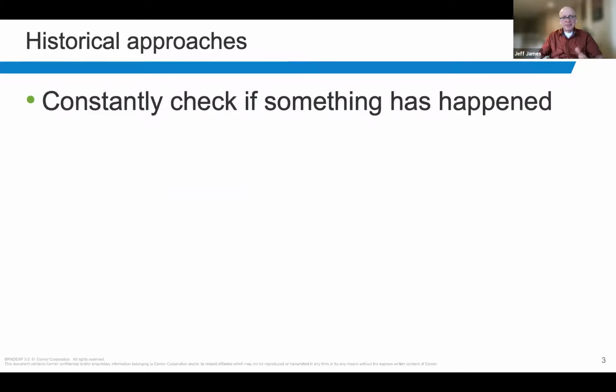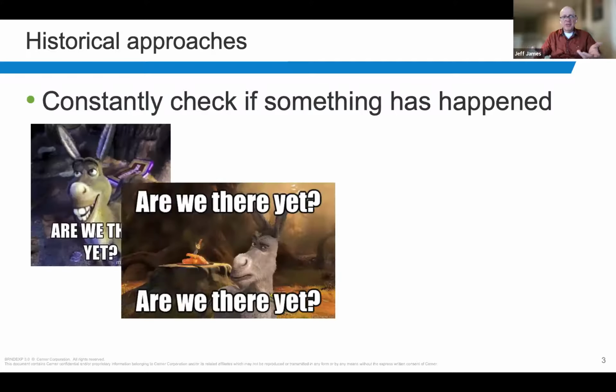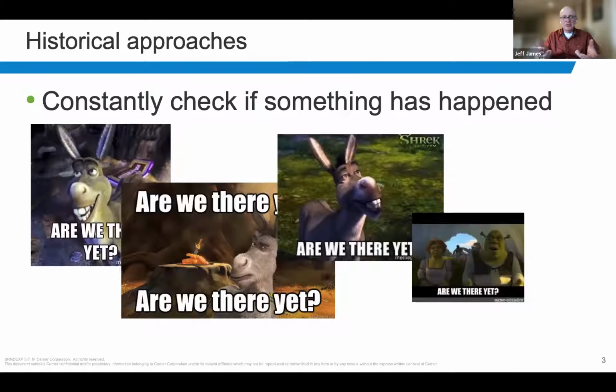Historically, there's a couple of approaches that might be used. For one thing, you can have a system that's constantly pinging, right? It's always hitting the system. Are we there yet? Are we there yet? If you've ever traveled with children, you know this gets pretty annoying.